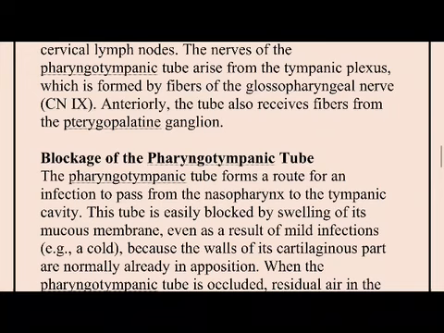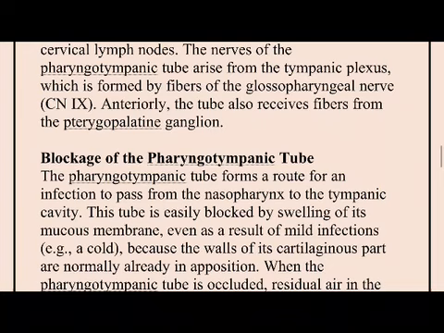It can also be blocked by mild infections like in a cold. This blockage comes easily because the walls of its cartilaginous part are normally already closed, so any further inflammatory exudates or swelling will just block the pharyngotympanic tube.